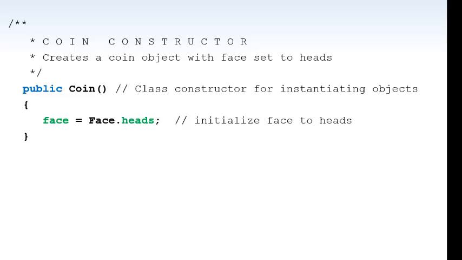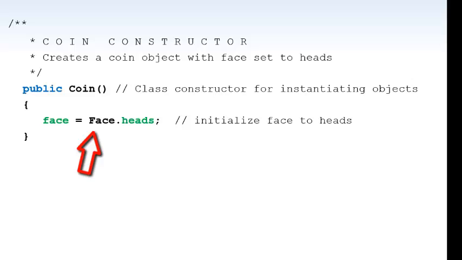One other thing to note here, in order to set the face to heads, I have to include the enumerated type, the dot operator, and then the value. So face on the left side of assignment is a variable of my class. It's an instance variable.